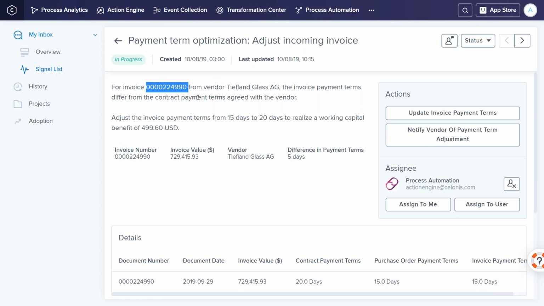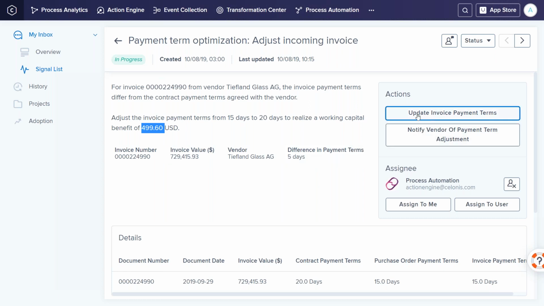So actually in this example, by utilizing the contract rather than what's written on the invoice, the payment terms can be increased from 15 days to 20 days with a corresponding effect on working capital of nearly $500 for this one invoice only.